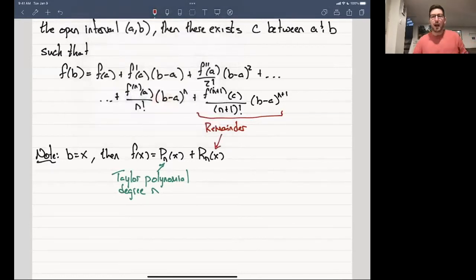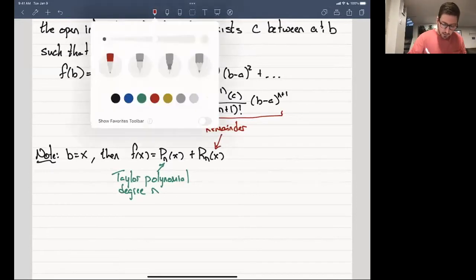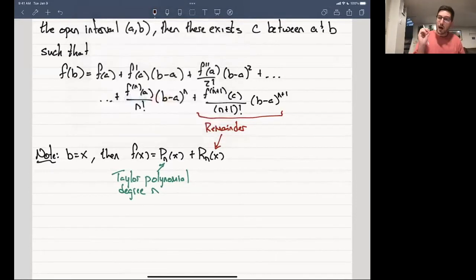So that's sort of how you can think of this. This remainder is telling you how much of a deviation you have as a function of x from your polynomial.